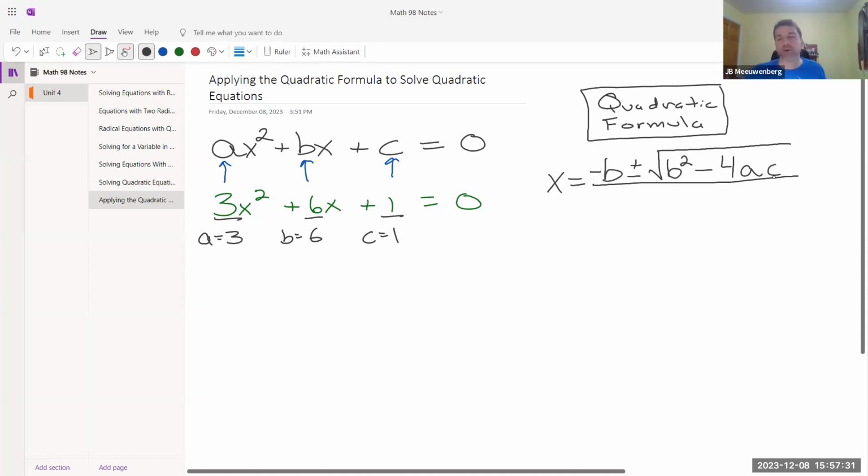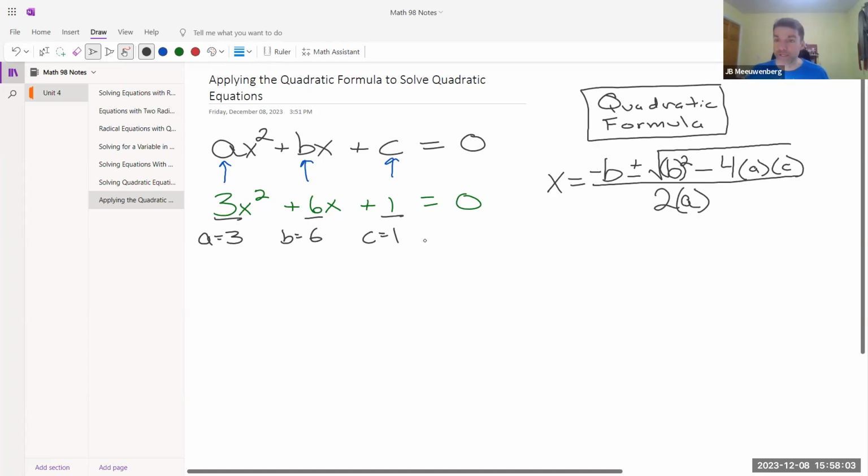But when you actually go to evaluate it, because you sometimes have negative numbers here, it's really good to put those in parentheses. That's a good habit to get into. The same goes for b, which sometimes is negative. We always want to make sure, especially with negative numbers, we put them in parentheses. b squared minus 4ac, and it's all over 2 times a. Again, this will have parentheses when we actually write it out.